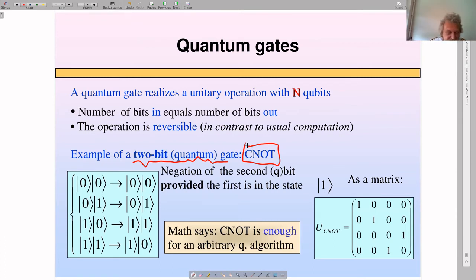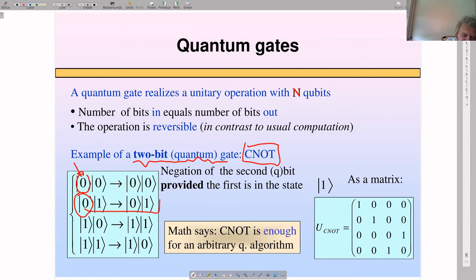But let us understand what it does. In the CNOT gate, we have 2 qubits. The first qubit is the control qubit, and the control qubit does not change in the process of this manipulation. The second qubit remains the same if the control qubit is in the 0 state.